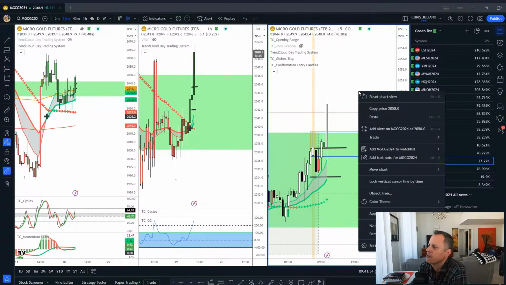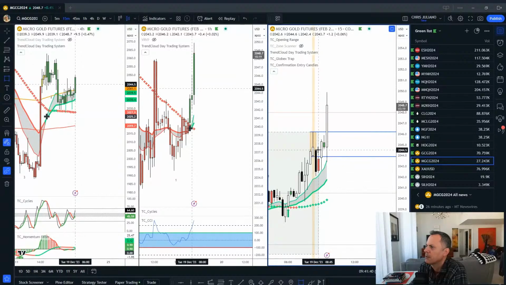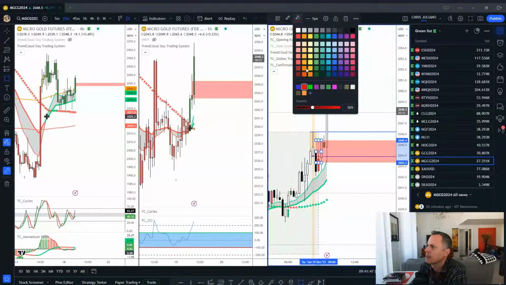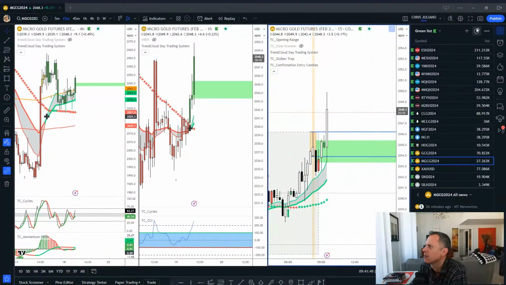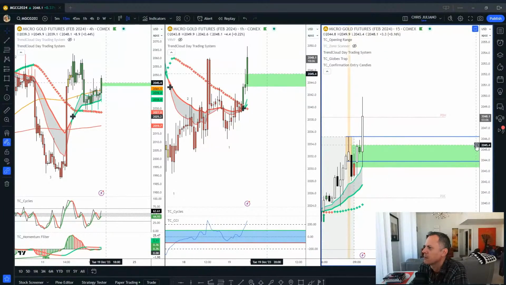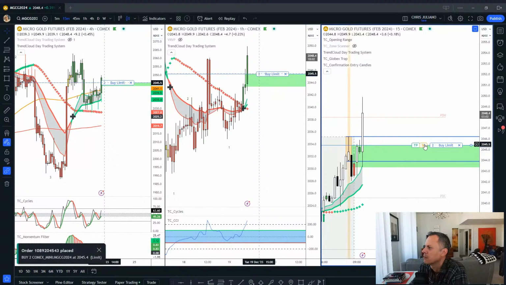Looking good. This is looking really good for a pullback, right? Rally base rally. I would say that right there. Entry. Stop loss.